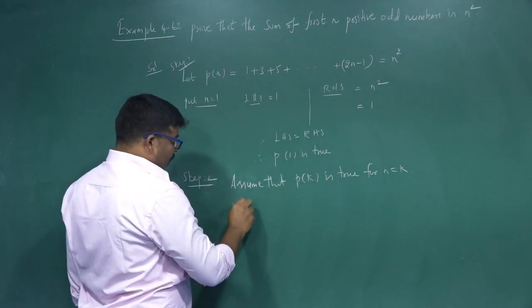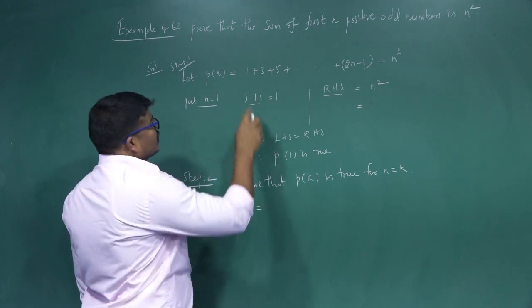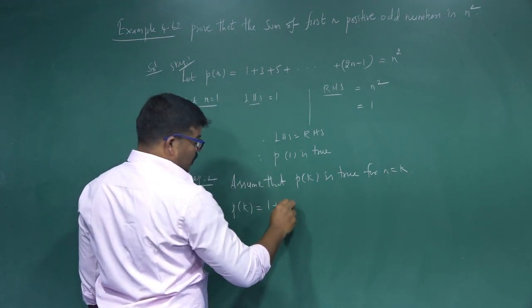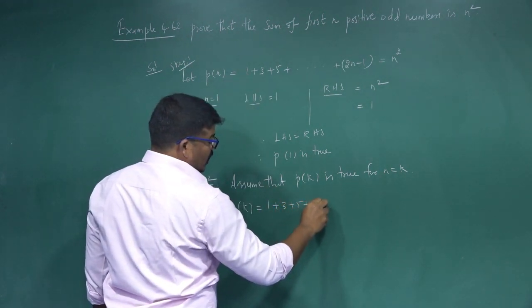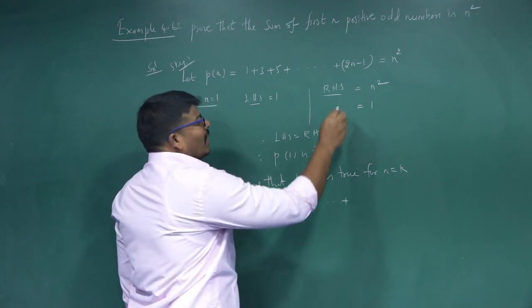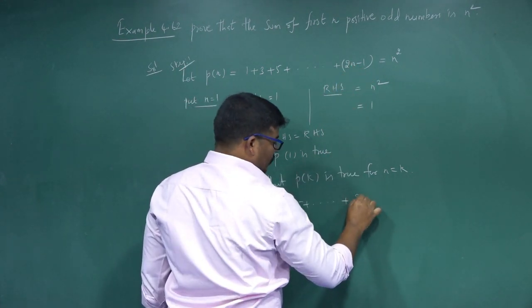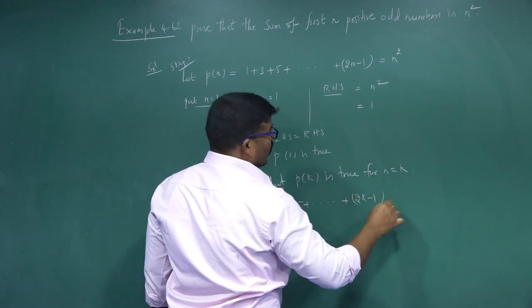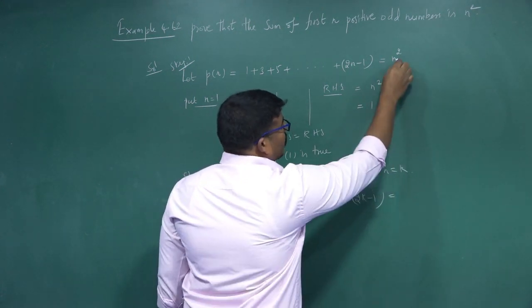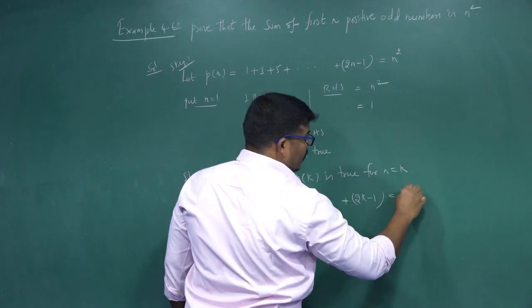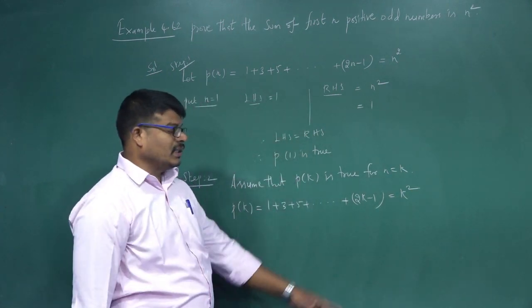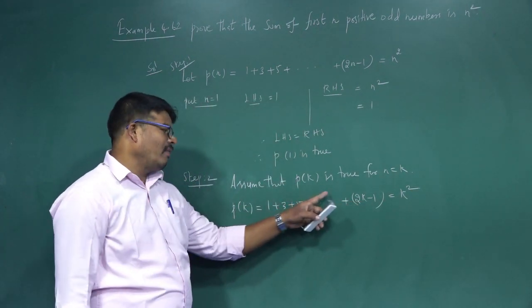Now write the statement P of k: 1 plus 3 plus 5 and so on, put the value n equal to k, 2k minus 1, equal to k square. That is P of k.